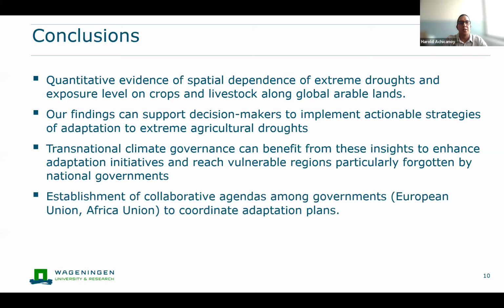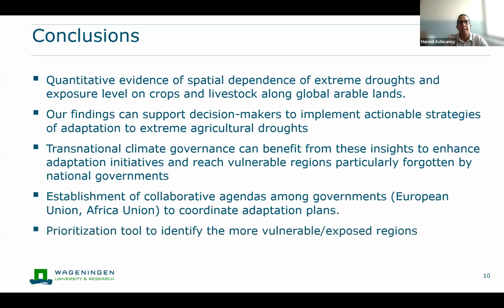With this study, we also establish collaboration agendas among governments to develop coordinated adaptation plans. And as I said, it could be used as a potential prioritization tool to identify vulnerable and exposed regions.